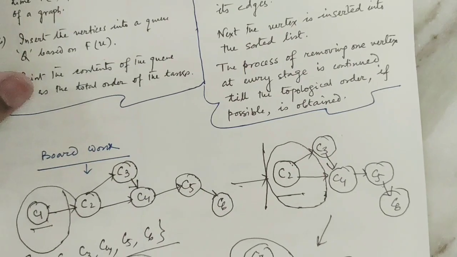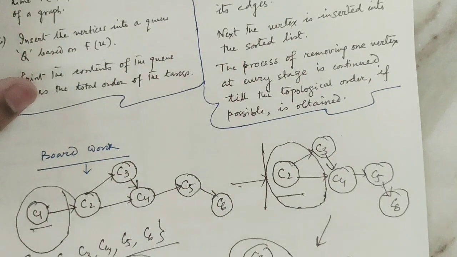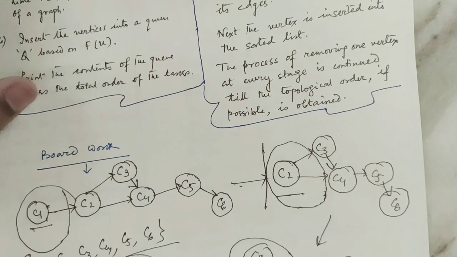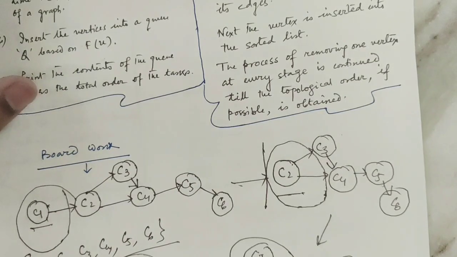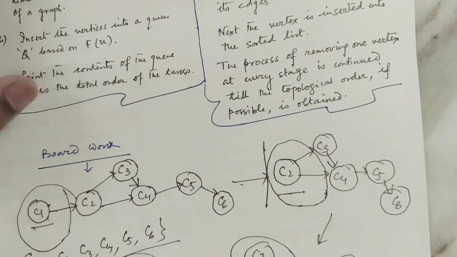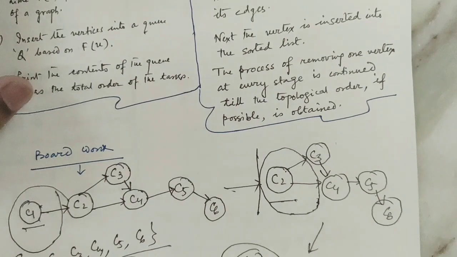That will be the candidate for deletion or removal. And not only the vertex is removed, but the vertex along with all its outgoing edges is also removed. Then you repeat the procedure for the remaining vertices in the graph. So the question arises, how can we determine the node that is to be deleted?